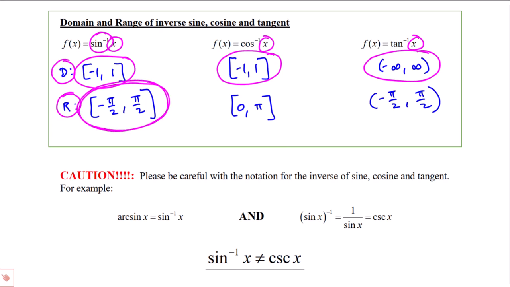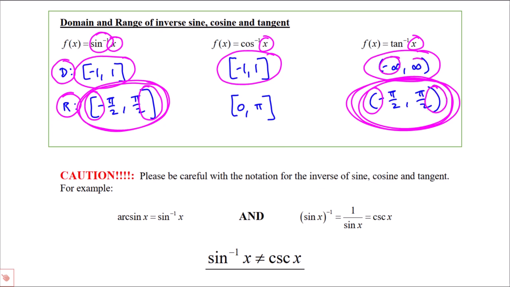And to get to the fourth quadrant, I do negative pi over 2. The same is true for tangent. It's the fourth and first quadrants. Students, notice, for sine, I can go to negative pi over 2 and pi over 2. But for tangent, I cannot, because that's when tangent is undefined. And so I use the parentheses for tangent, but the brackets for sine.